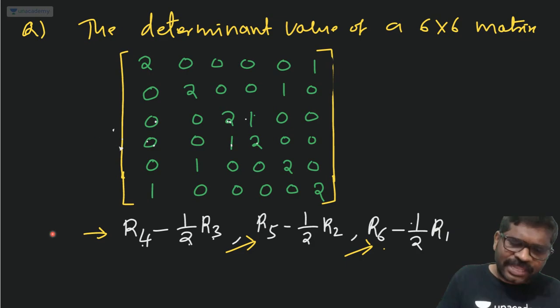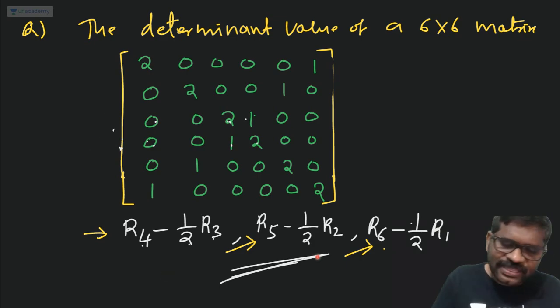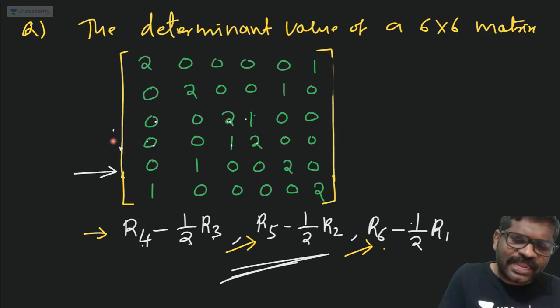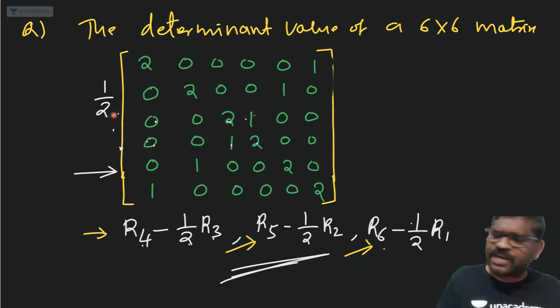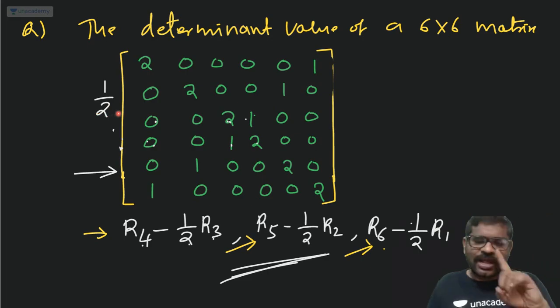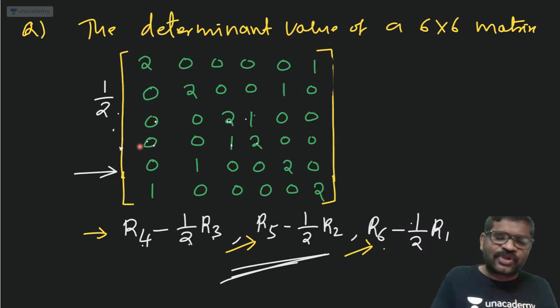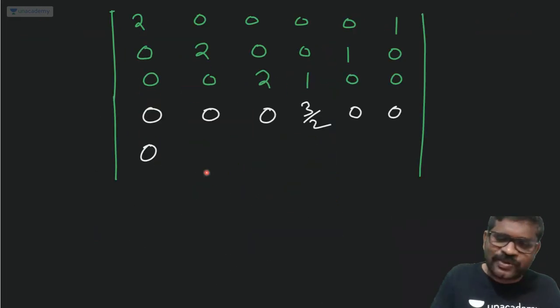Next, fifth row. I am applying this operation: R5 minus 1 by 2 of R2. R1, R2, R3 no operation; R4 I have already written. Now the fifth row: 0 minus 1 by 2 into 0, 0. 1, 1 minus 1, 0.